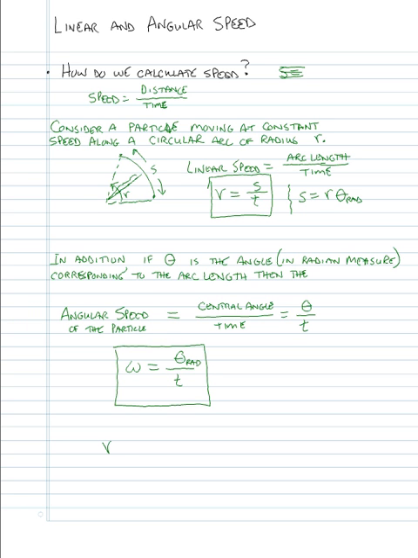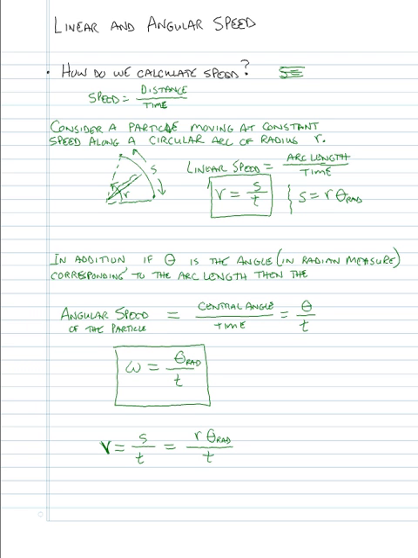The linear speed, let's just call it v, from above, remember, is arc length divided by time. But arc length can be calculated by taking the radius and multiplying it with the angle in radian measure. So now we have r times theta over t.